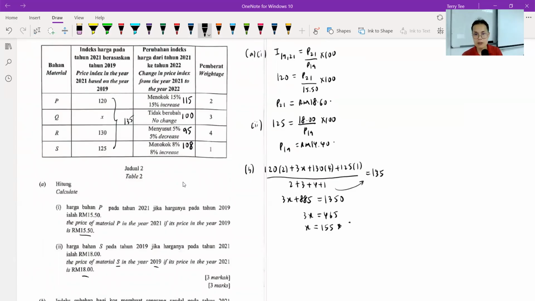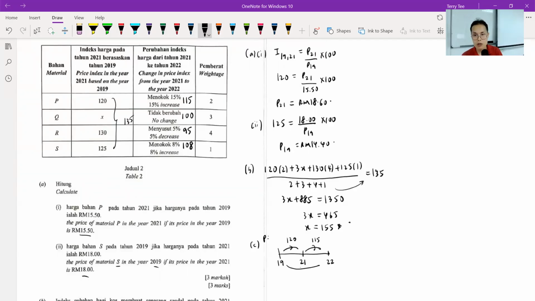Always remember, when I want to calculate the overall increment, there are 3 years involved. One is 2019, second 2021, next is 2022. For example, for material P, 19 to 21 we know is 120. 21 to 22, we know increase by 15%, so 115.